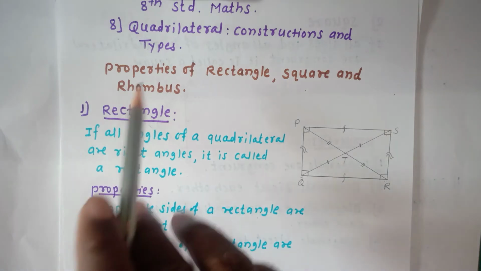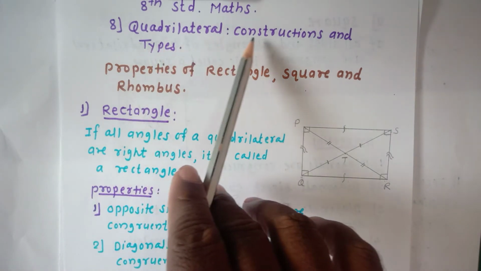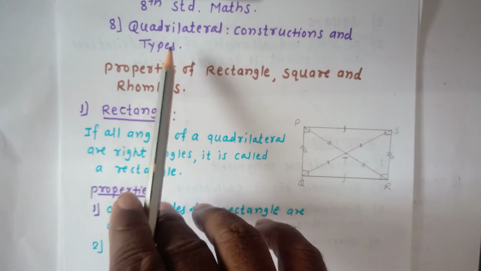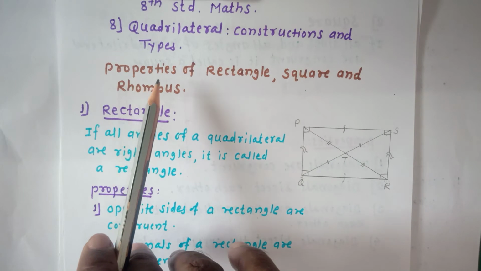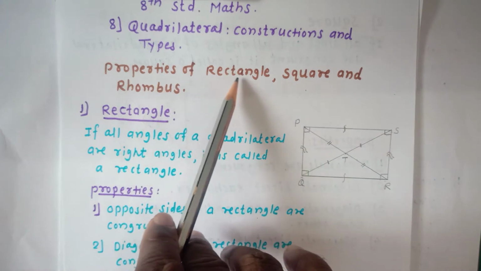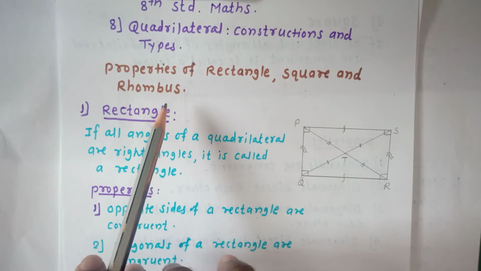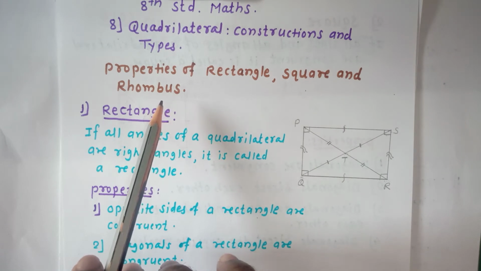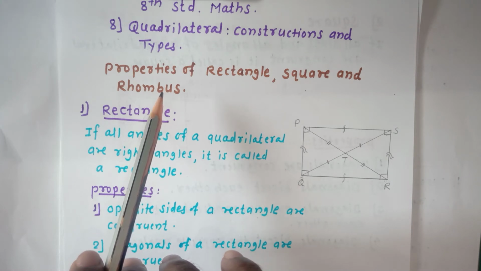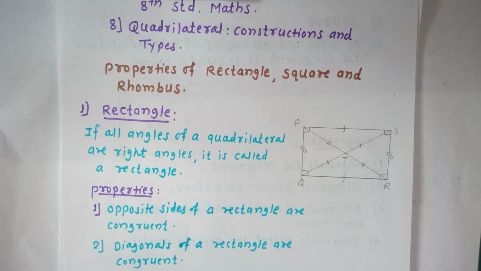Maths lesson number 8, Quadrilateral Constructions and Types. Today we are going to study properties of rectangle, square and rhombus. Students, by putting some conditions on sides and angles of a quadrilateral, we get different types of quadrilaterals.